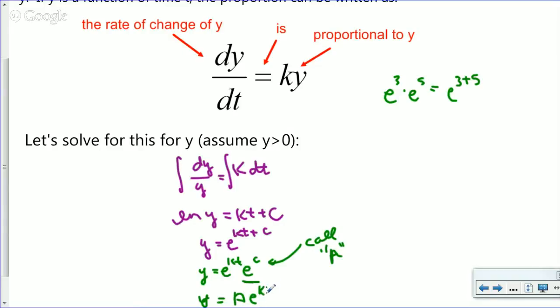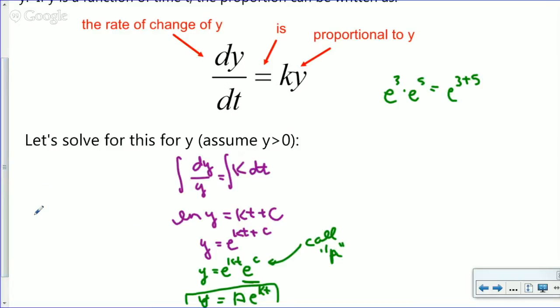Okay, so why did we do all that? Well, we kind of did it as a shortcut for you, because now whenever you see a word problem that says the rate of change of something is proportional to itself, we can just skip straight down to this equation here. This should look familiar from pre-calc.